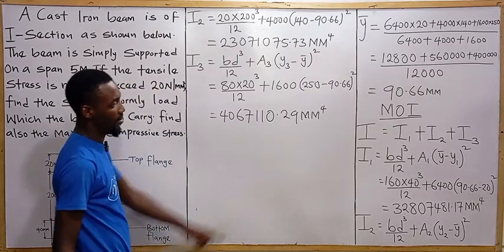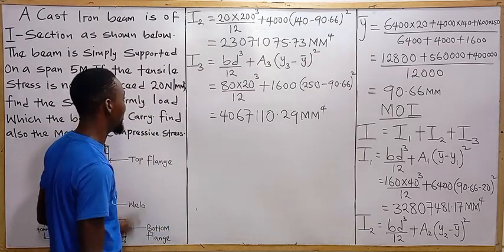Alright, so now we can therefore calculate our moment of inertia about the neutral axis.